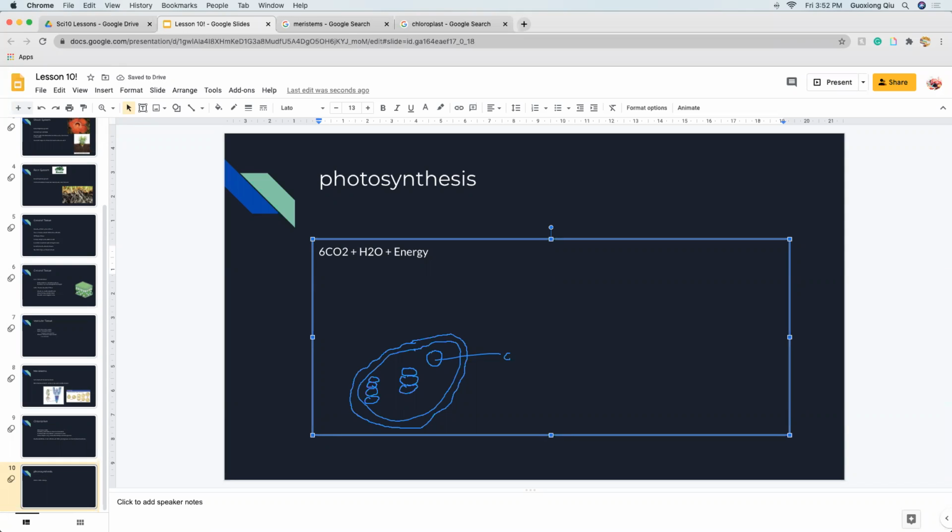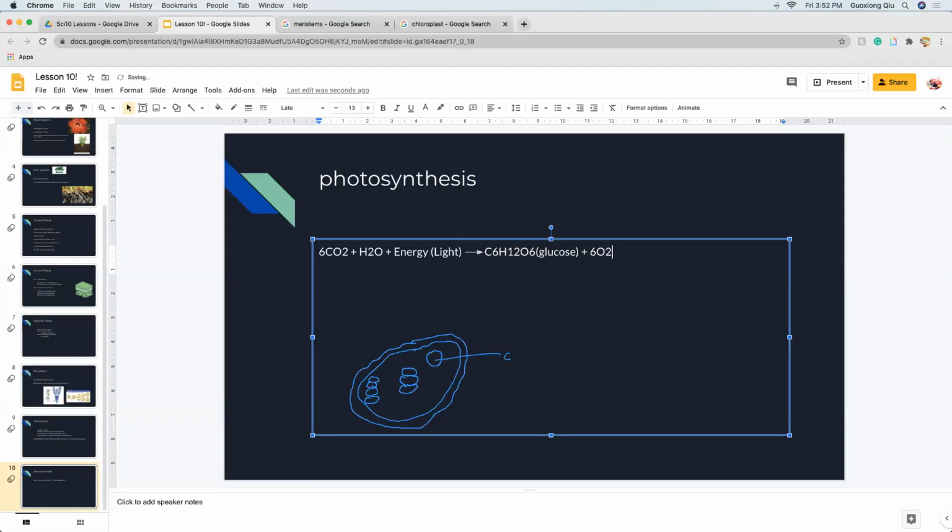So 6CO2 plus energy, which is light energy. You have to draw an arrow because for some reason in science you don't use equal signs, you use arrows. The arrow just means equals. C6H12O6, which is glucose. And oxygen. It makes oxygen, 6O2.